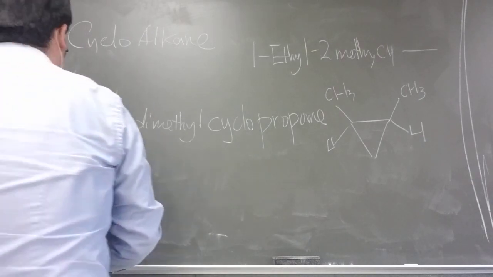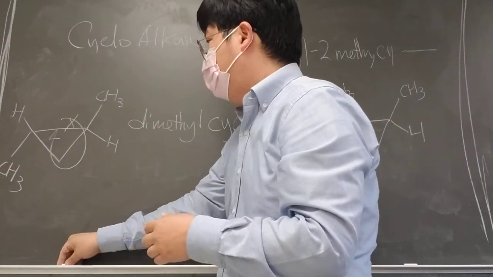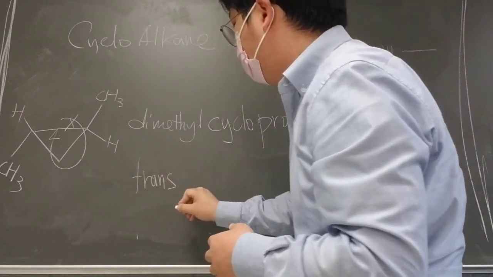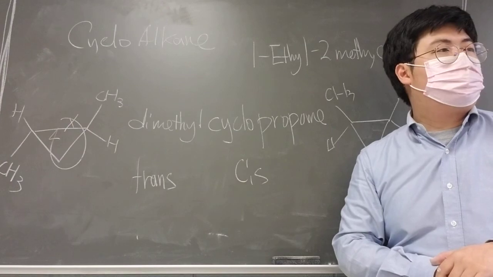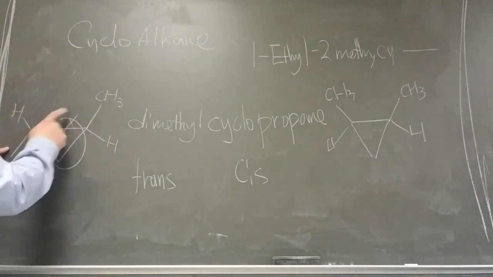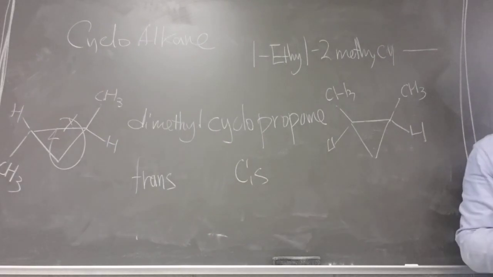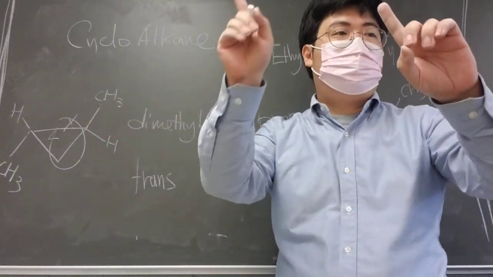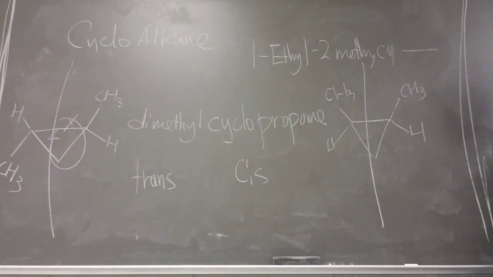So in this case, I don't know if you watched or remember one of my lectures, sometimes we use trans and cis isomers. It's one part of stereoisomers, which means they share the same bonding here and here, and here and here, all the same bonding between each carbon in the cycloalkane, but only the orientation, the way they are on this side and this side, is different.